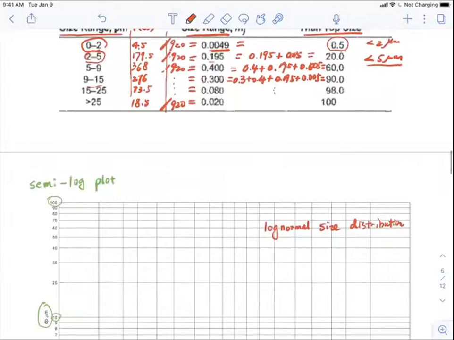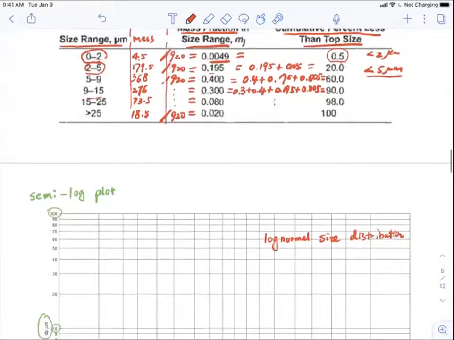What this means is that we need to find the size corresponding to each percentage. The size corresponding to this percentage is 2 micron. The size corresponding to this percentage is 5 micron. And here is 9, here is 15, here is 25.